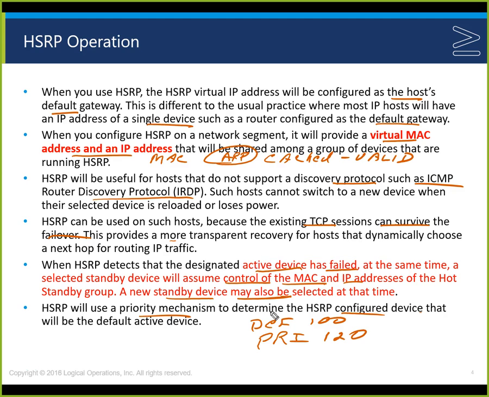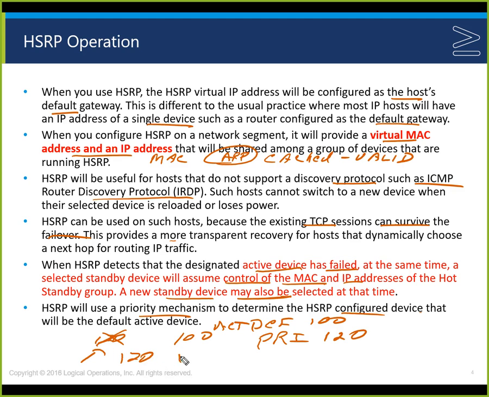Let's say the active device goes down and the standby device takes over. The 120 goes down, and the 100, let's just say we didn't change anything on it, now becomes the active device. We fix the 120, and it comes back up.